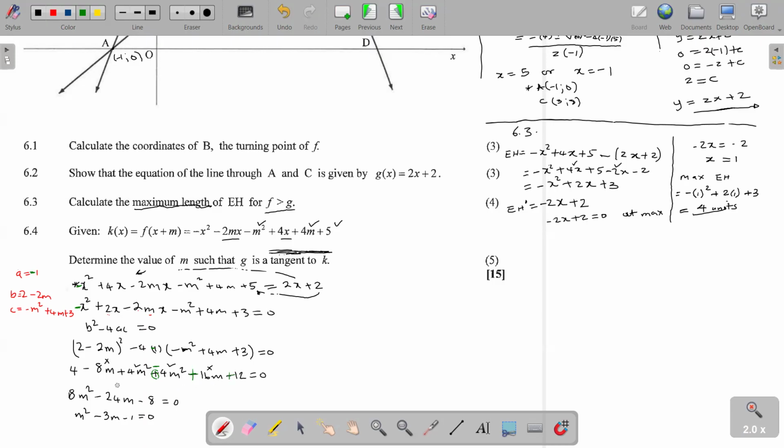So when you have positive here, it means here was supposed to be a positive, not a negative. Then when you simplify, here take note, we are going to have this and this are like terms, but it's 4m squared minus 4m squared. So this one becomes a 0. Then here we are going to have a negative 4m plus a 16m. This is going to give us a negative 8m.